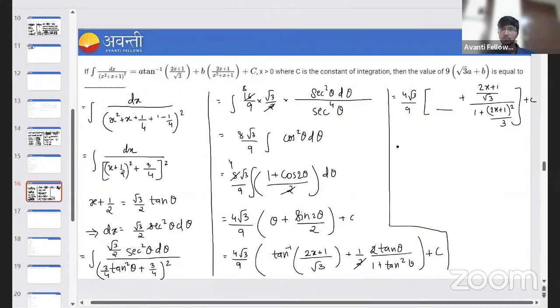Correct? So इसको अगर I'll take LCM, गड़बड़ नहीं हुआ है. So this will remain as it is.